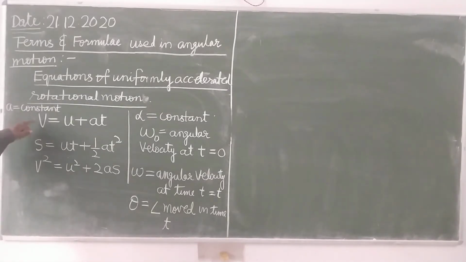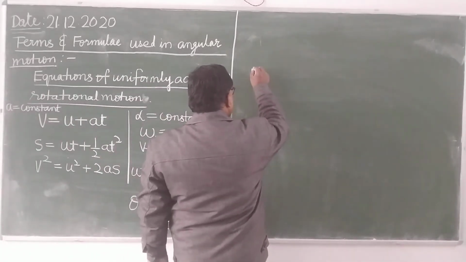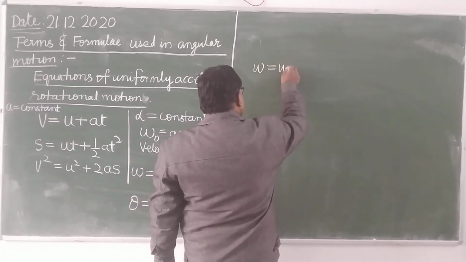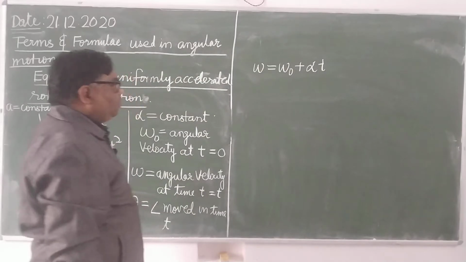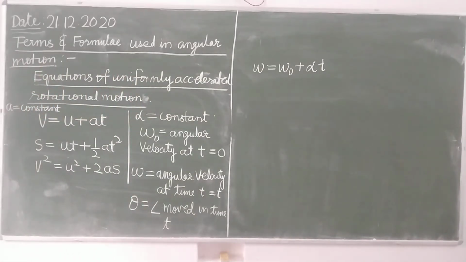If you write these equations in terms of these symbols, you will find that the first becomes omega equals omega naught plus, in place of a, alpha into t. That is omega equals omega naught plus alpha t. It is the first equation of uniformly accelerated rotational motion. Then the second equation: in place of s you take theta. Theta equals omega naught into t plus 1 upon 2 alpha t square.